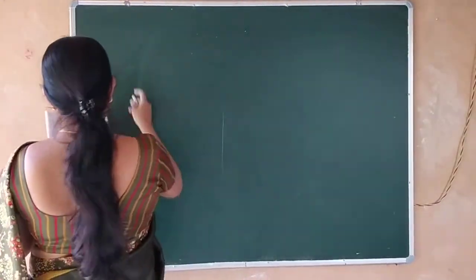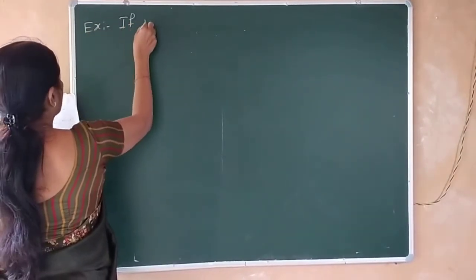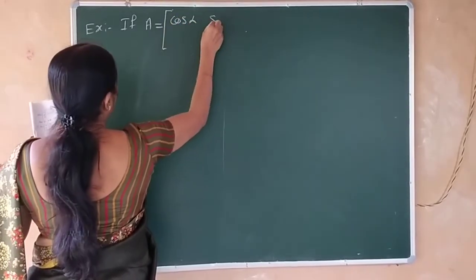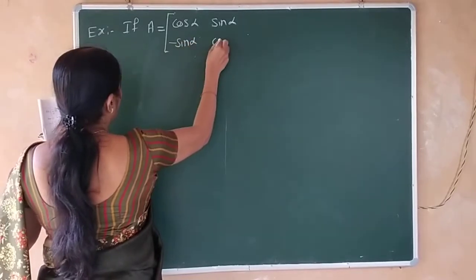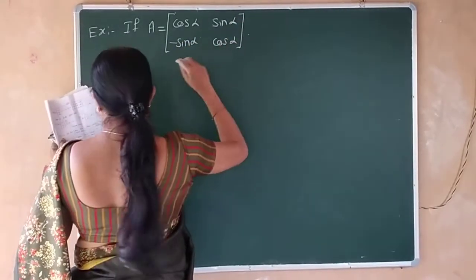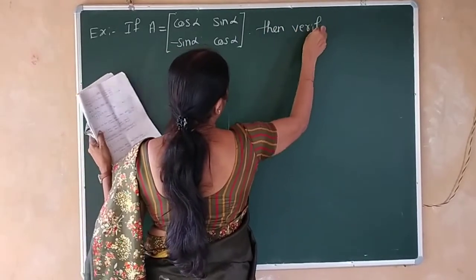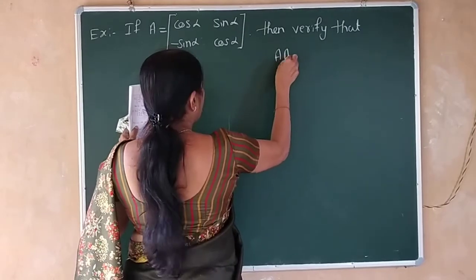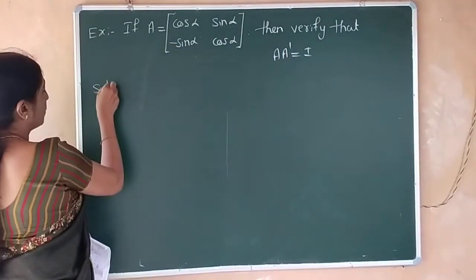This is the next question. If A is equal to [cos alpha, sin alpha; -sin alpha, cos alpha], then verify that A into A transpose is equal to I. So write down the solution.